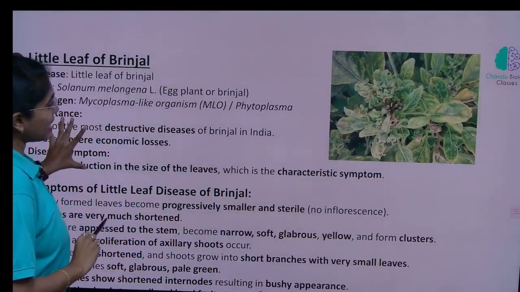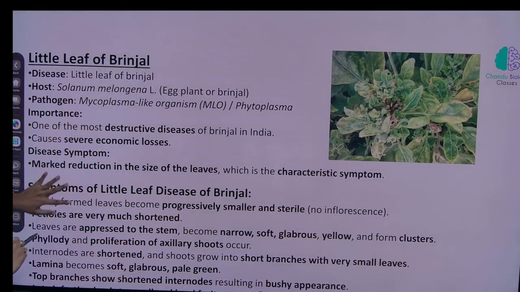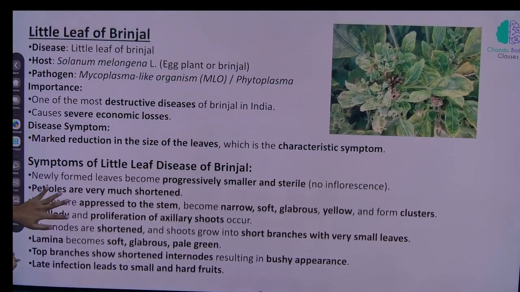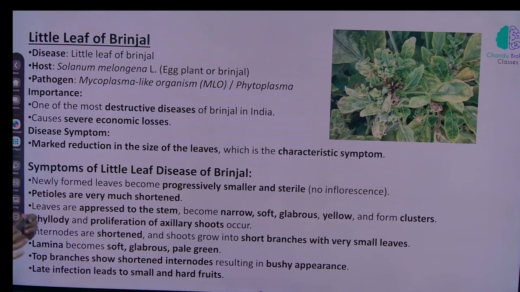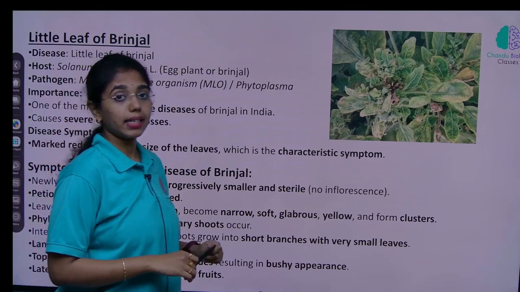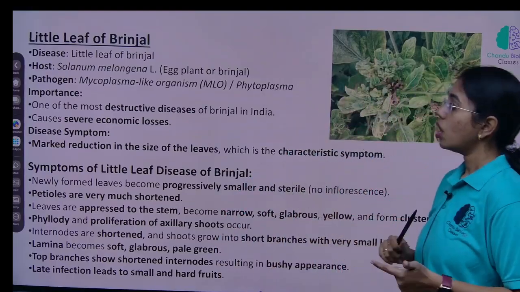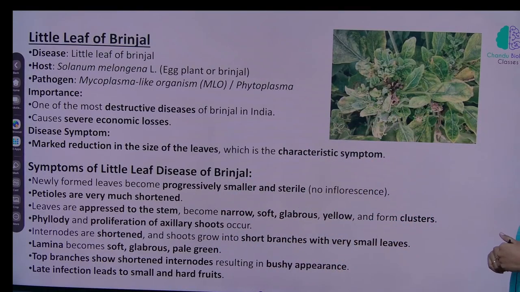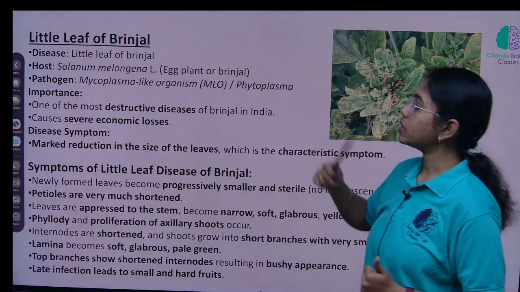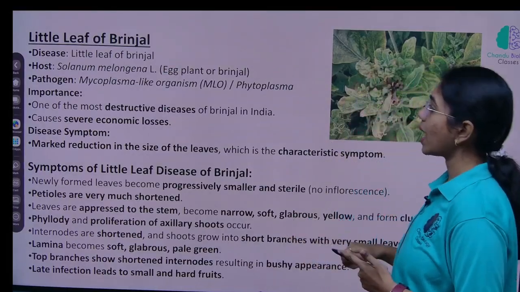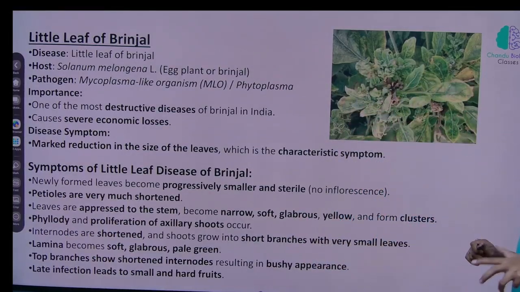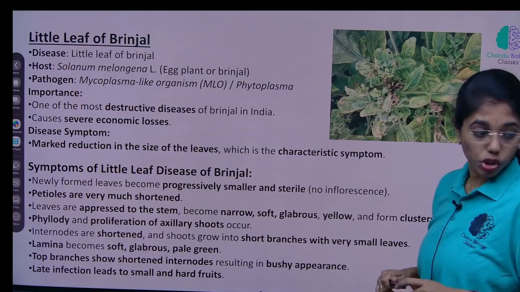Now we will see the case study of little leaf of brinjal. In each case study, what you have to highlight is the symptoms. What are the symptoms that are caused and what is the disease? What is the importance of this? Fine, right? So, the disease is little leaf of brinjal, the host is Solanum melongena, which is commonly addressed as eggplant or brinjal.